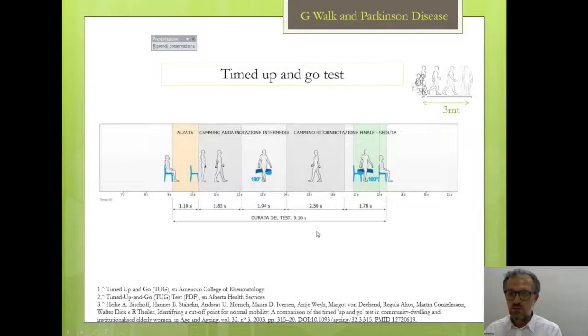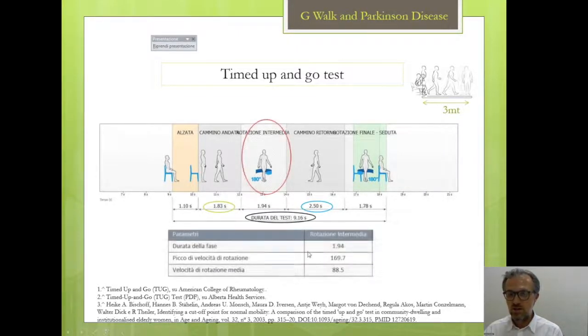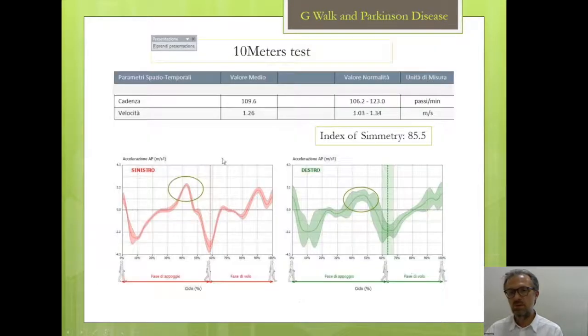We can have data about the first phase of the test, the last one, the global duration of the test, and even the intermediate rotation, because we can receive data about the peak speed of rotation and the average velocity of rotation during the turning in the timed up and go test.